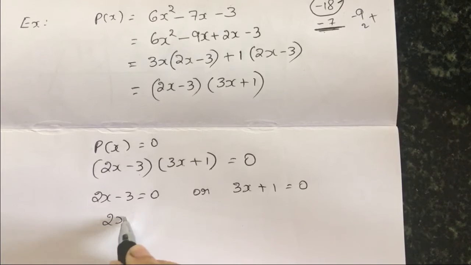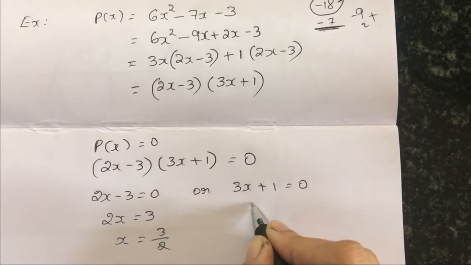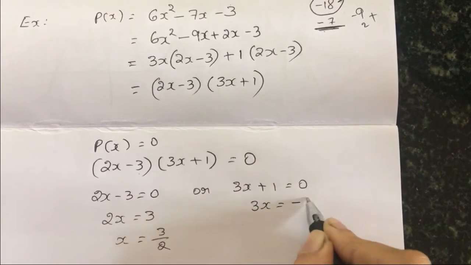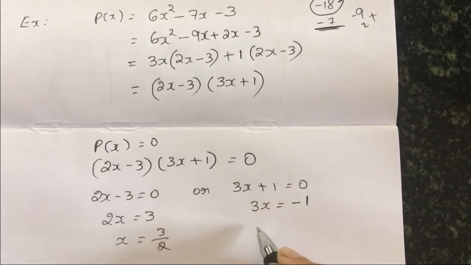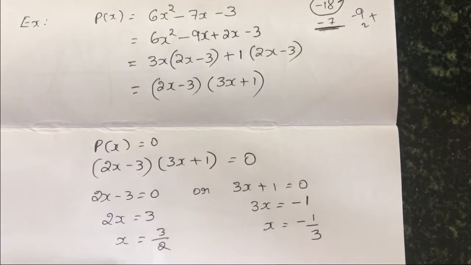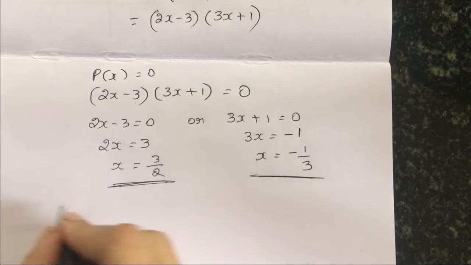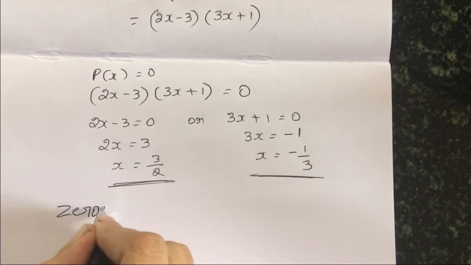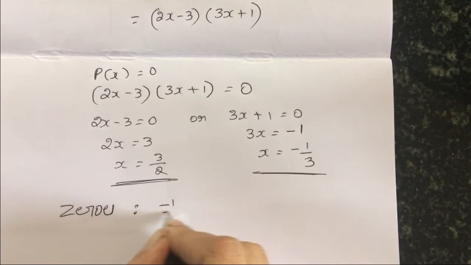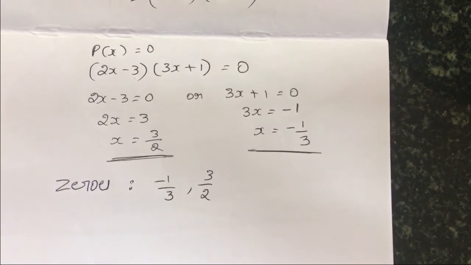This implies 2x equal to 3 and x equal to 3 by 2. Here 3x equal to minus 1 and x equal to minus 1 by 3. So you got two zeros, one is 3 by 2 and another one is minus 1 by 3. Zeros are minus 1 by 3 and 3 by 2, right?